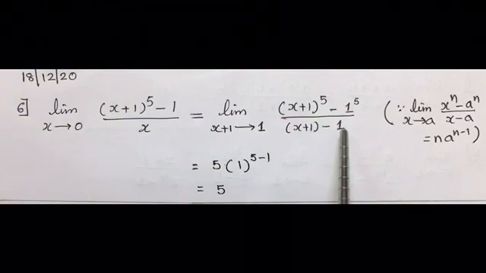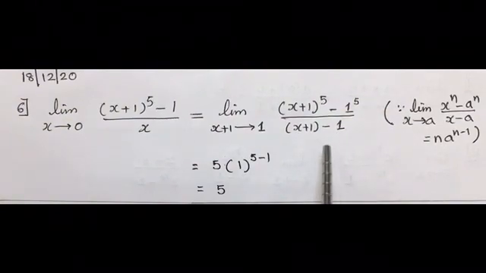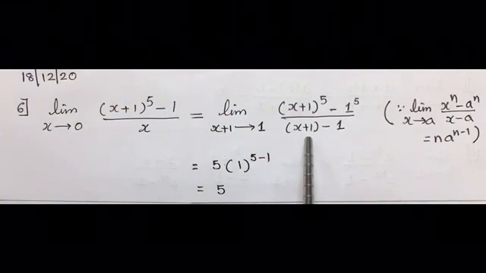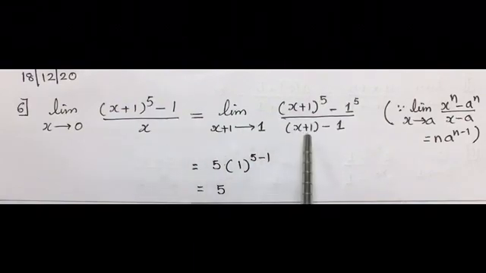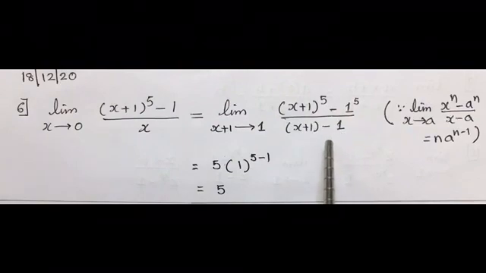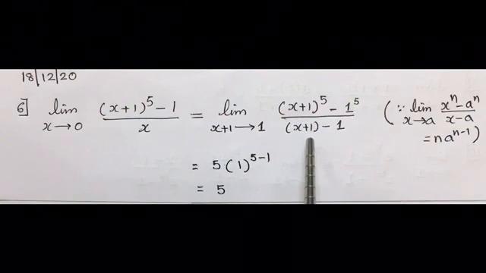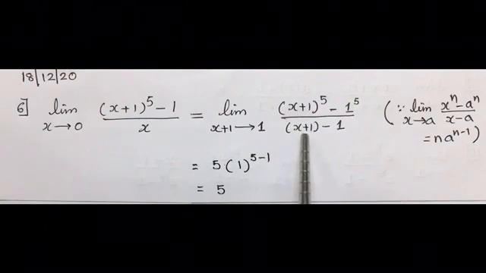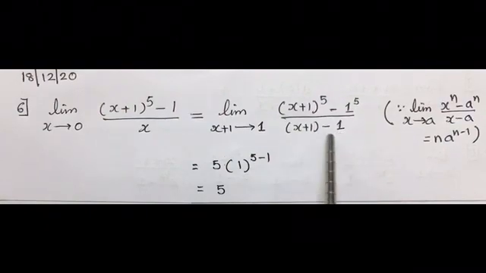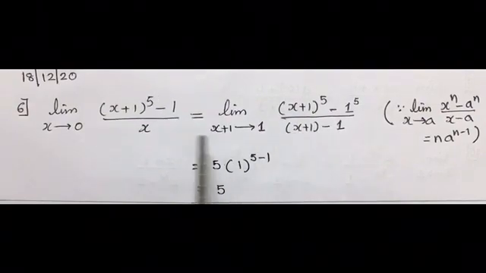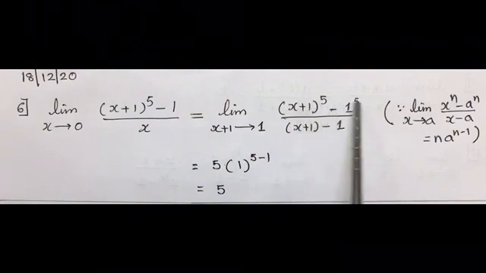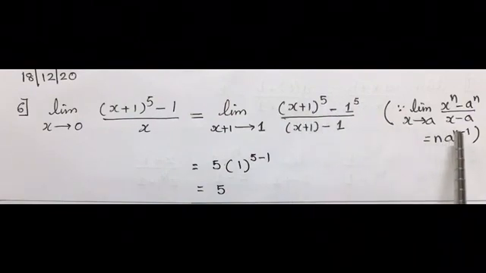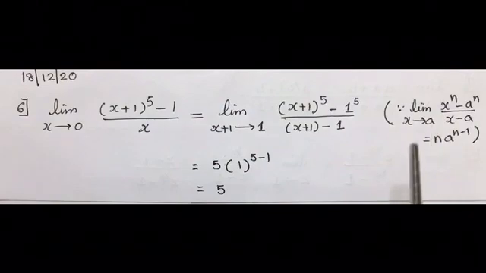So here plus 1 and minus 1 both are written, and the original question is also not changed, only the adjustment is being done, because plus 1 and minus 1 will get cancelled and only x remains, and that is there in the question itself. So this is all the adjustment being done to make use of this formula.